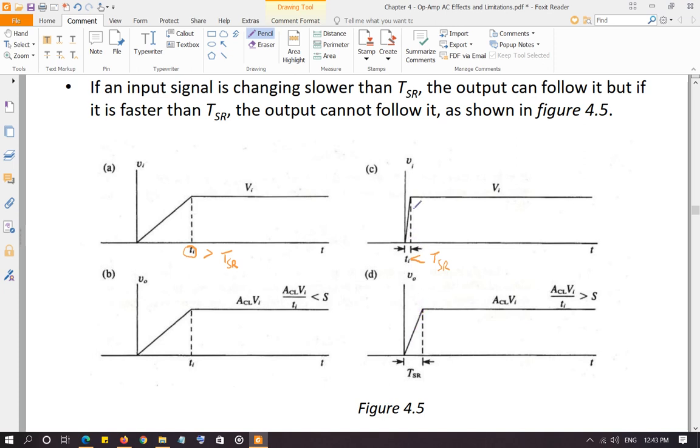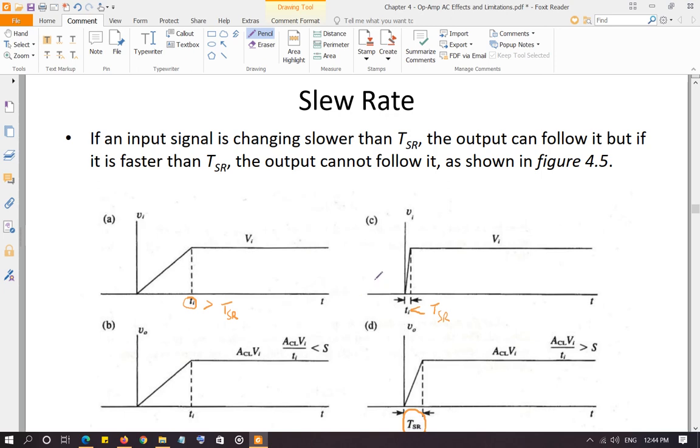It is not going to be a faithful replica of the input, so there will be a delay in the output. That delay is the time required to go from 0 to the maximum at the slew rate, 0.5 volt per microsecond for the 741; other operational amplifiers have different values. So in this case your output is not linearly following the input. That's the effect of TSR, the rise time due to slew rate.